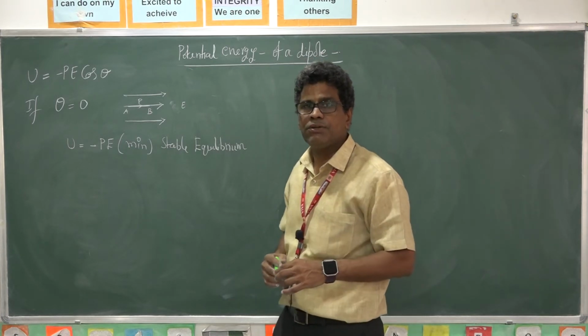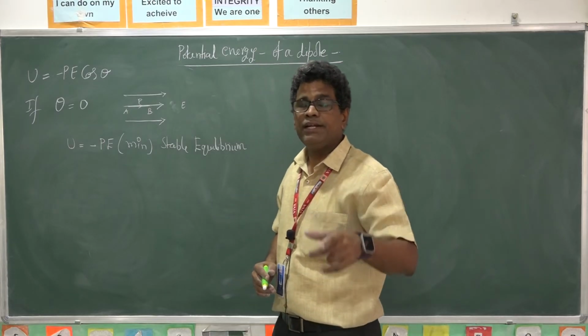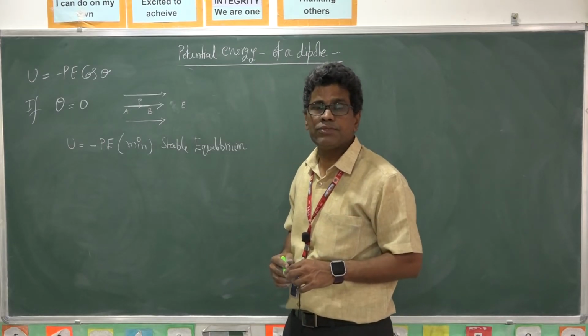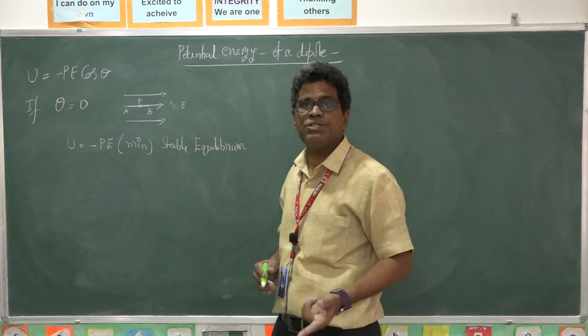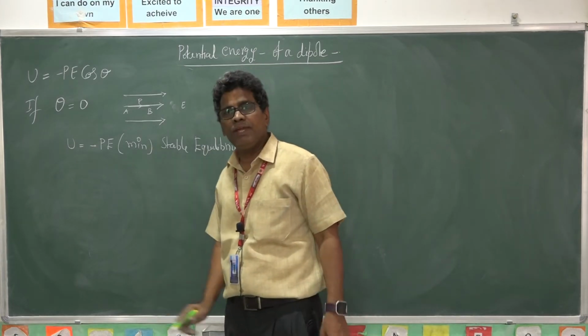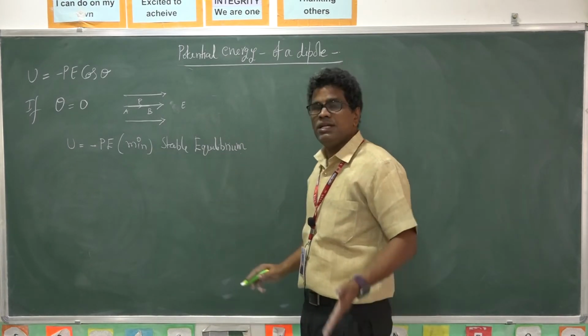In objective questions they will ask how you identify stable equilibrium. Your answer should be: you find the potential energy, and if it is minimum, then we can say that the system is in stable equilibrium.